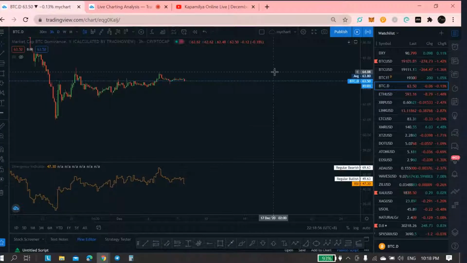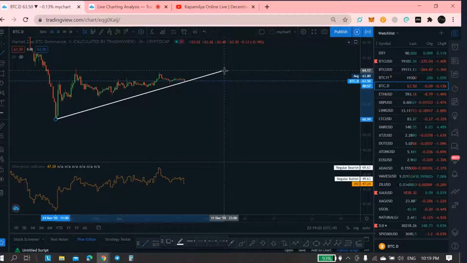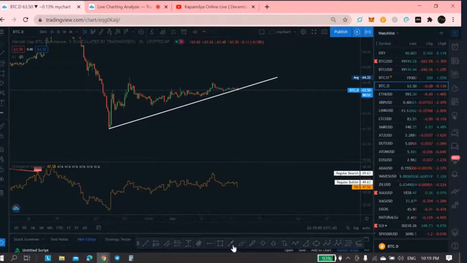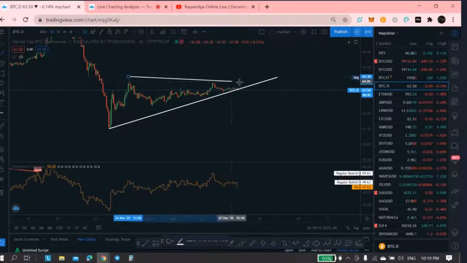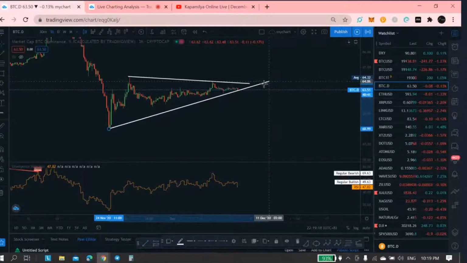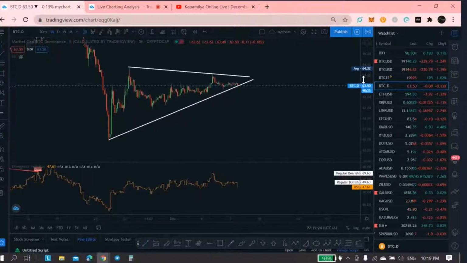So it's currently retesting the support area.